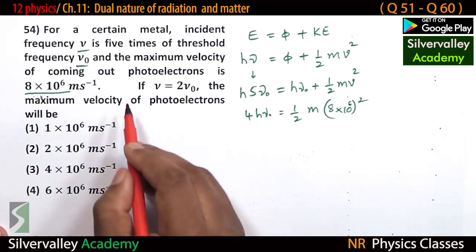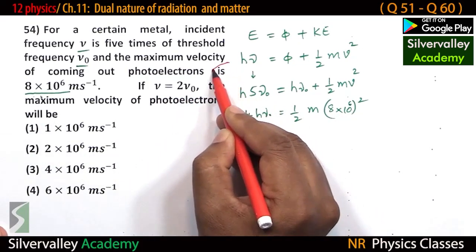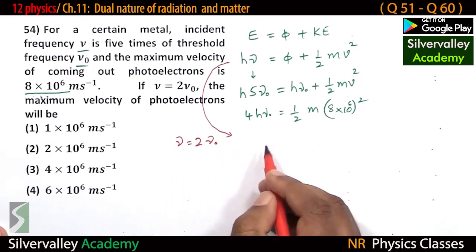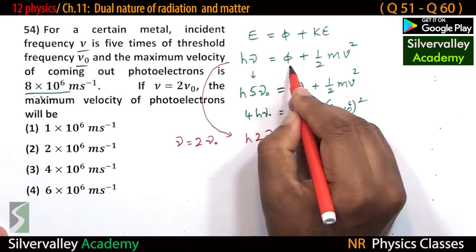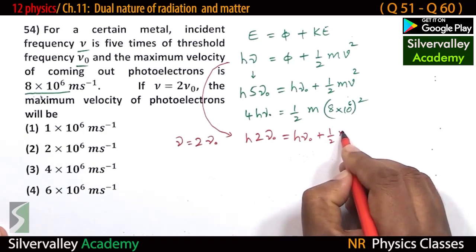Next, if frequency is 2 nu naught, let me substitute in the equation where frequency equals 2 nu naught. So h 2 nu naught equals phi, which is h nu naught, plus half m v square.